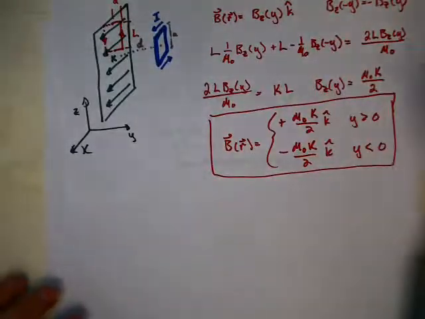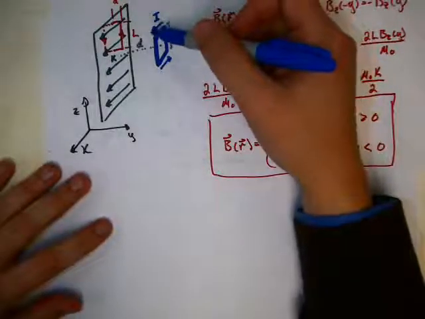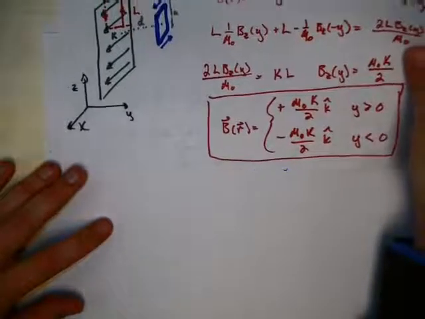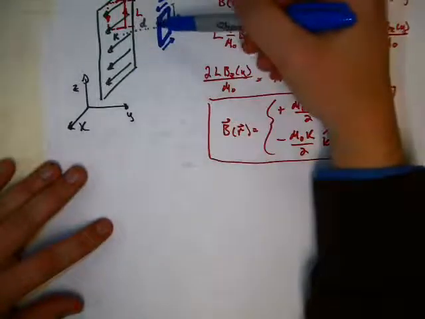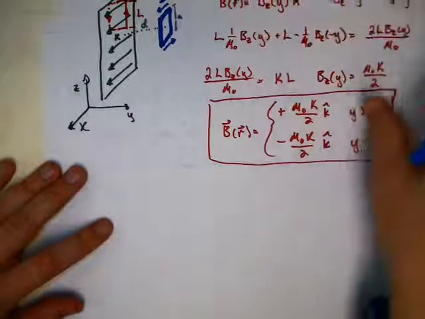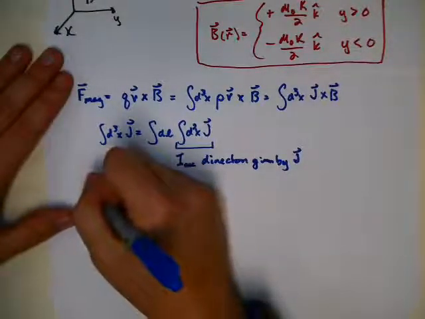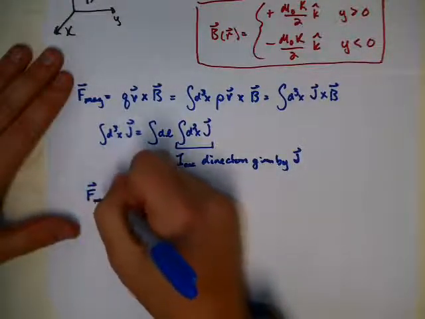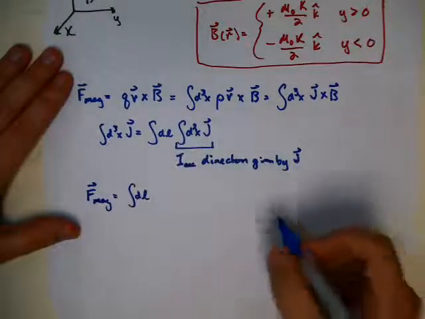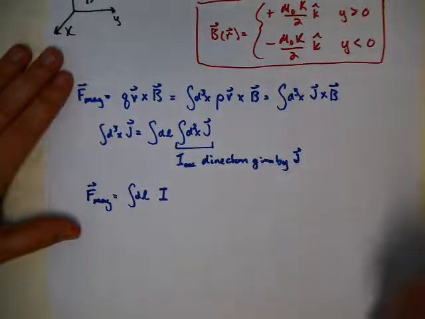So using that, I have to look at our picture again. The picture is going to give me that I have 4 pieces here. I have a piece where the current is in the positive i hat direction, a piece where it's in the negative i hat direction, a piece where it's in the negative k hat direction, and a piece where it's in the positive k hat direction. And so writing those out, the magnetic force is going to be equal to this integral dl, which gives me the current, and then these directions.